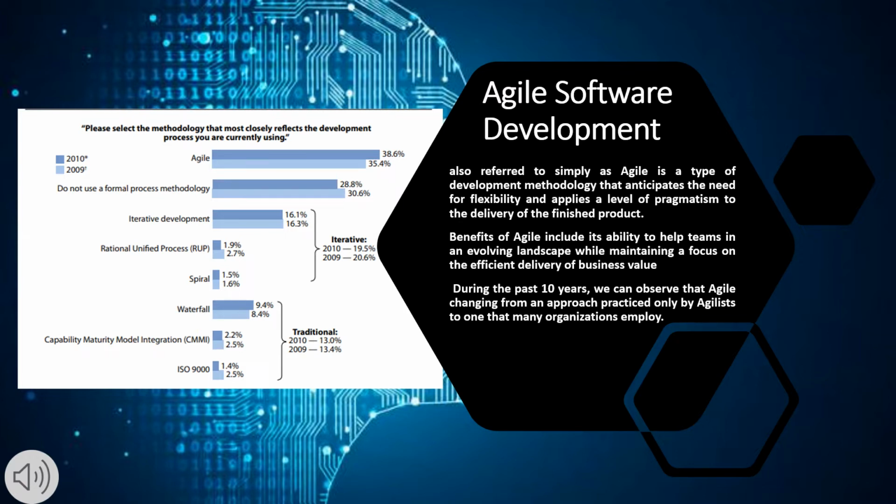Benefits of Agile include its ability to help teams in an evolving landscape while maintaining a focus on the efficient delivery of business value. During the past 10 years, we can observe that Agile changed from an approach practiced only by Agilists to one that many organizations employ.